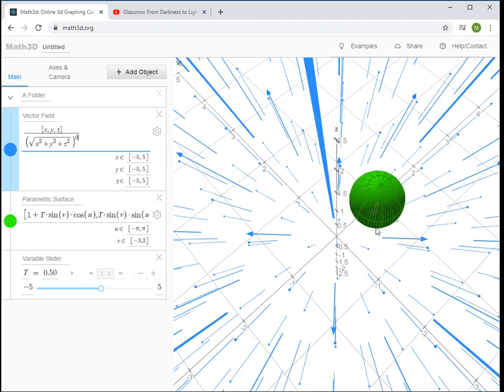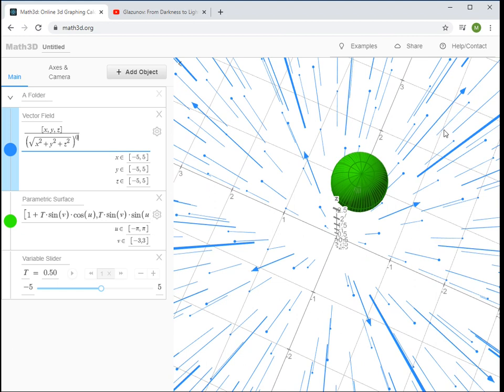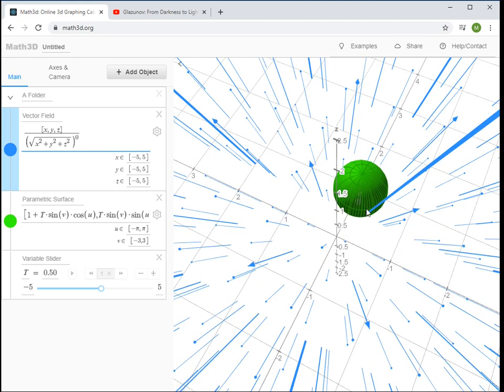And so when we're computing divergence, we're ultimately interested in the net flux through this ball. And so right now with p equal to 0, we note that as we move further away from the origin, the lengths of our radial vectors are increasing. So as I enter into this ball, I'm going to get some inward flux, but then I'm going to get outward flux. And since the radial vectors are larger out here than they are in here, there's going to be a greater outward contribution there than inward.